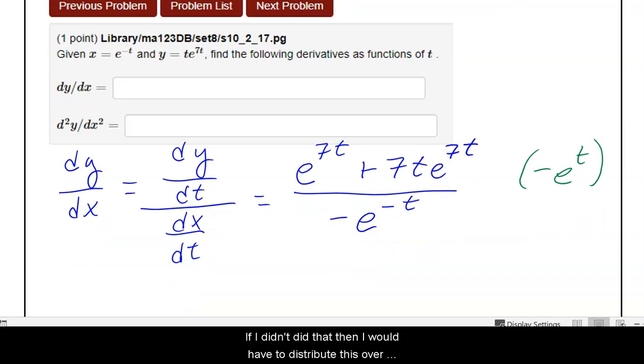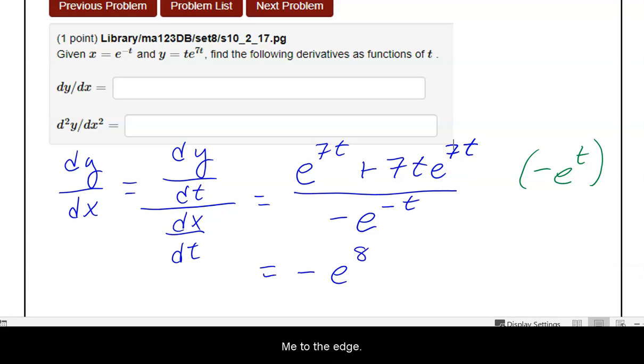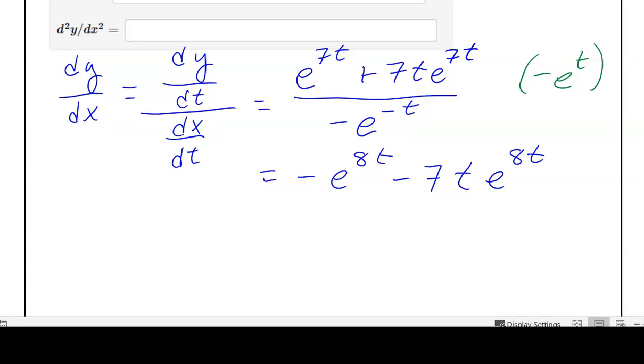If I then did that, then I would have to distribute this over the two terms in the numerator, and that would give me a final expression for dy/dx of negative e to the 8t minus 7t e to the 8t.